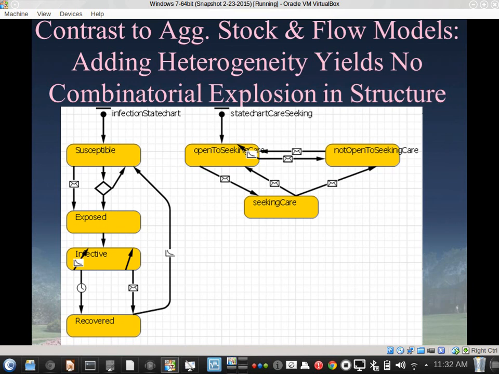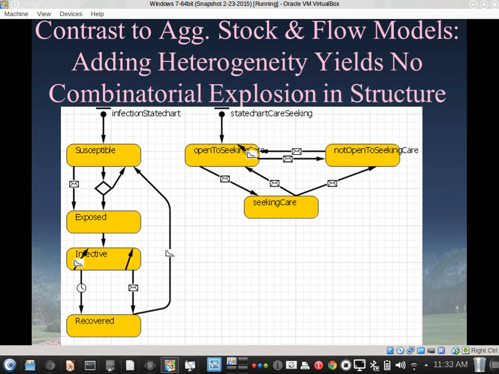So, for example, someone's infection status might drive them to be more open to seeking care, because they have a very serious cough, and therefore they're more likely to present for care because of it. So if you see these like this, it doesn't mean that they don't interact at all. It just means that as a general matter, it's easier to describe them as separate initially, but then we can put links between them in particular situations.